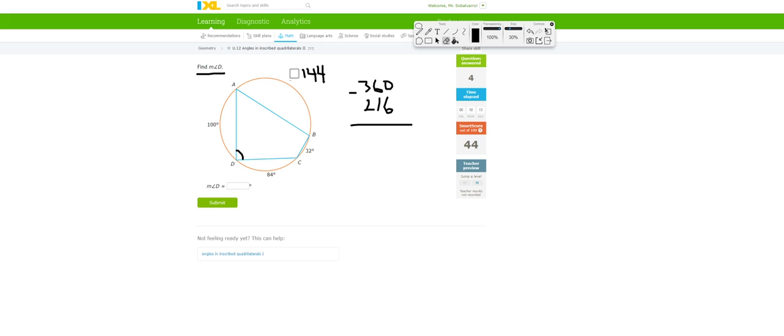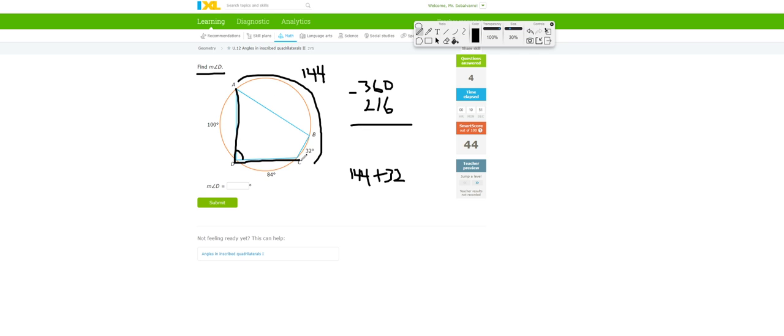Now I have all the arcs. Which arcs do I need for angle D? I need the arc from A all the way to C. So I need to add 144 plus the 32, those two arcs, because it goes all the way from A to C, and that will be 176.